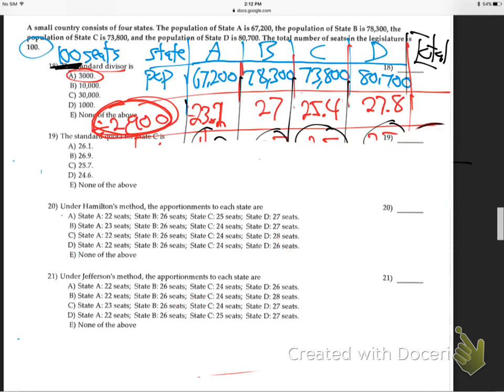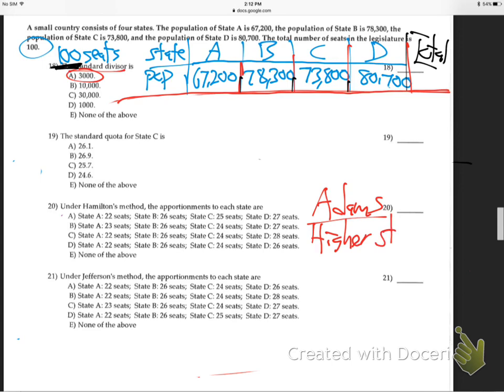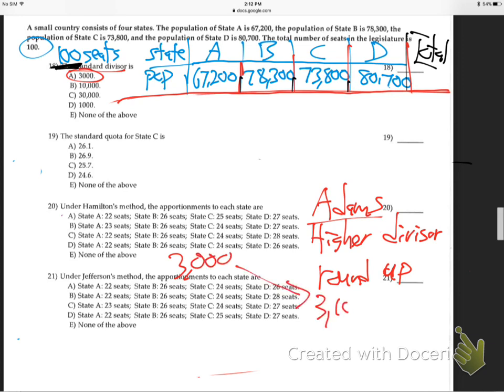So now we're talking Adams, and he says pick a higher divisor, pick higher than standard, and round up. Okay, so 3,000 is our standard. Pick something higher, like 3,100. Maybe I should just go for 3,050. I don't know. I'll just try 3,100.